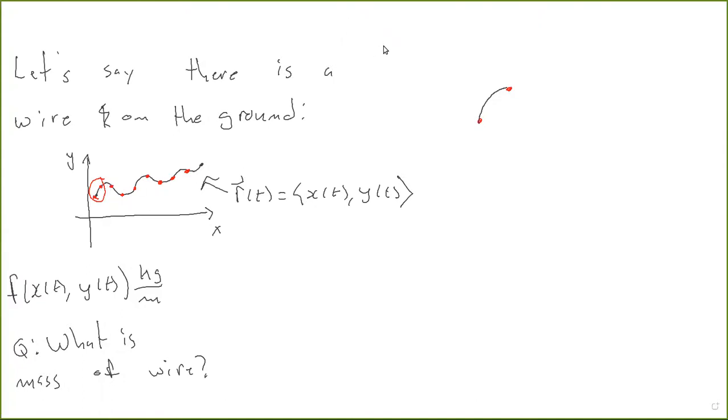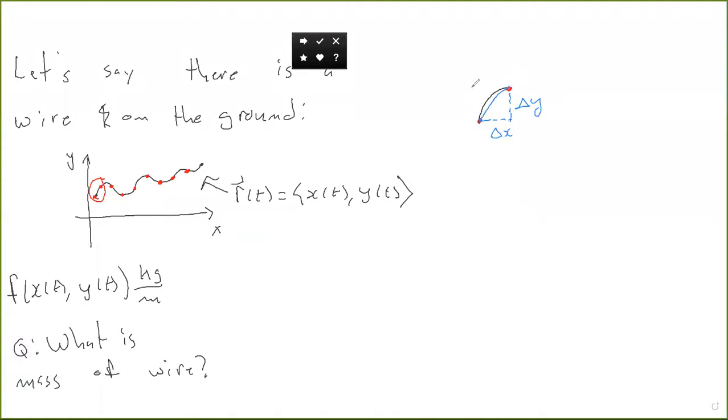Okay, and what we want to do then is call this distance here delta x, and we're going to call this delta y. And so the idea is that if we divide this curve up into smaller and smaller pieces, this curve right here is going to look an awful lot like the hypotenuse of this right triangle.